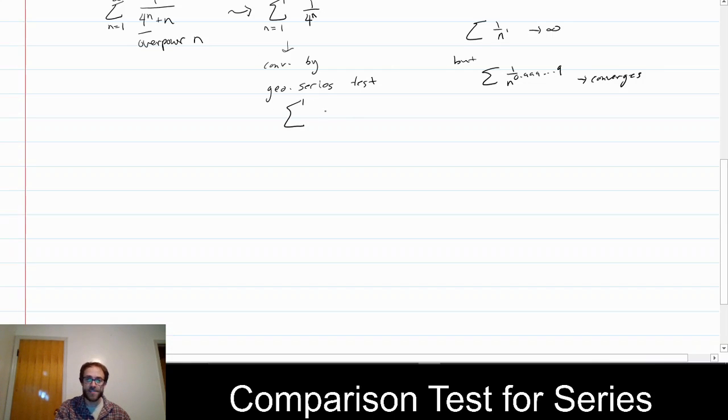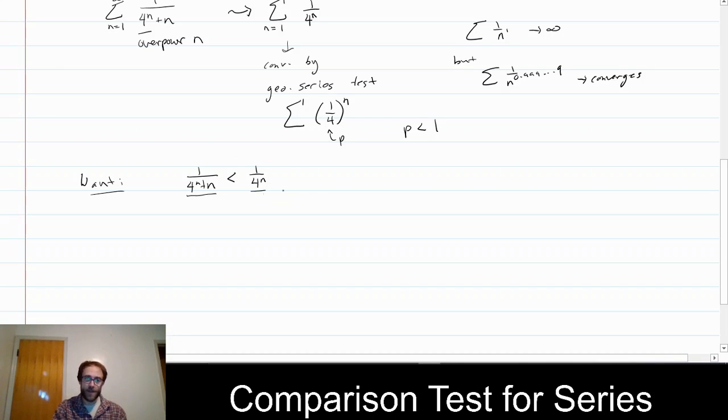We can rewrite this as the sum of 1 over 4, all to the n. And if this were our p, we have p is less than 1. So that tells us that this converges. So what we want to do now is show that 1 over 4 to the n plus n is less than 1 over 4 to the n. Because if this one converges and this is smaller than it, then this one will also converge.